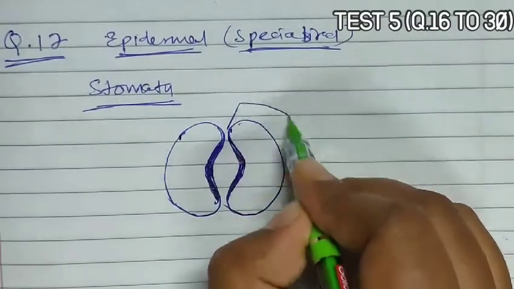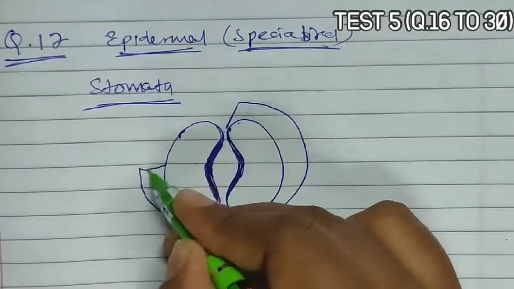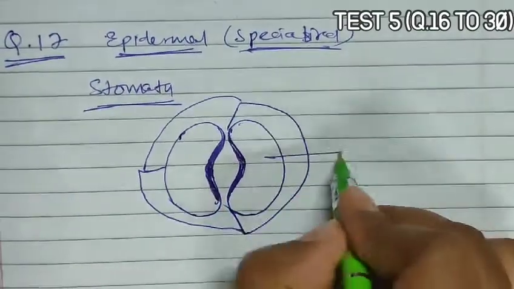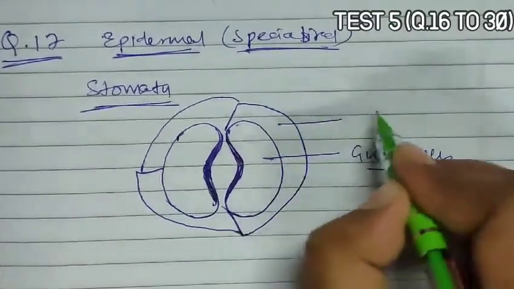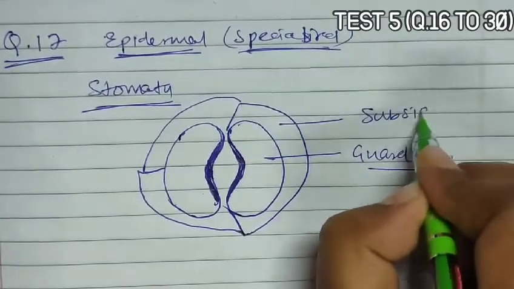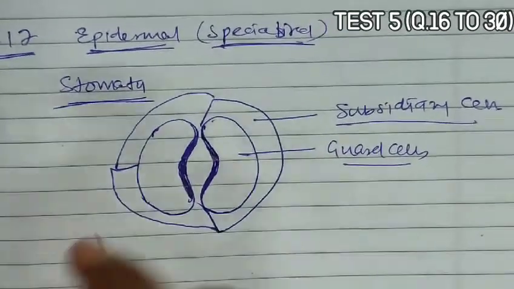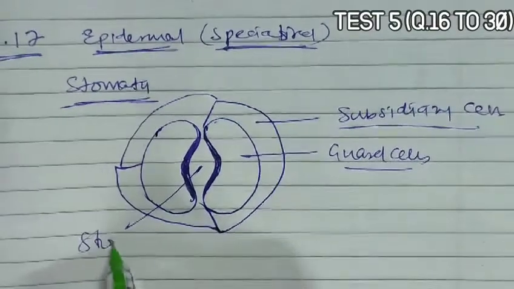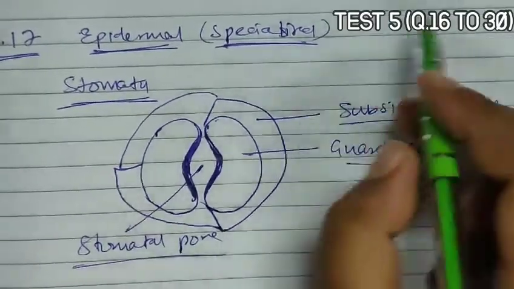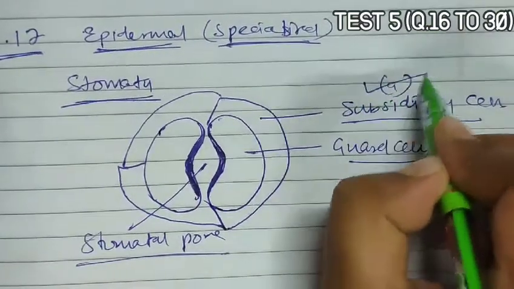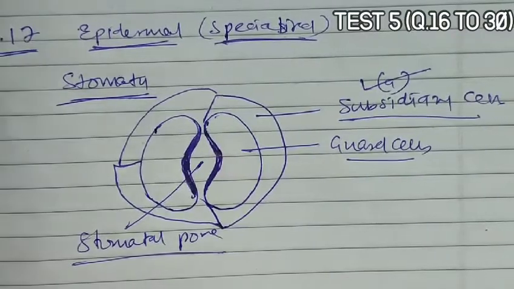Now surrounding that you will find special cells which are known as subsidiary cells. So these are the guard cells and these are subsidiary cells, which are a modification of epidermal cells. This is a stomatal pore. So option A is the correct answer for the specialized cells, that is, subsidiary cells.